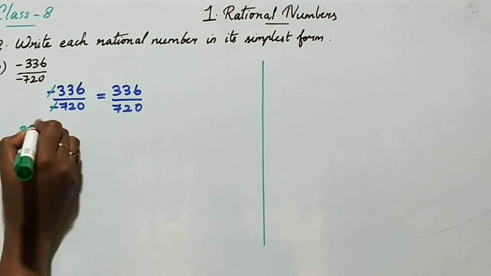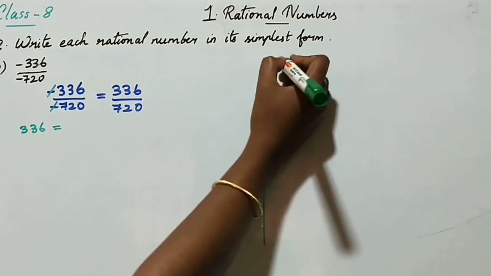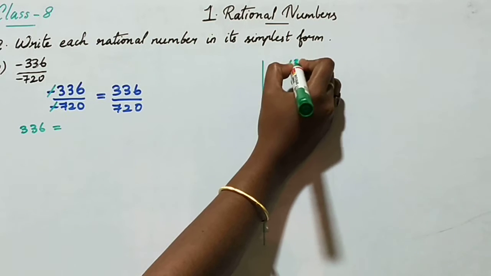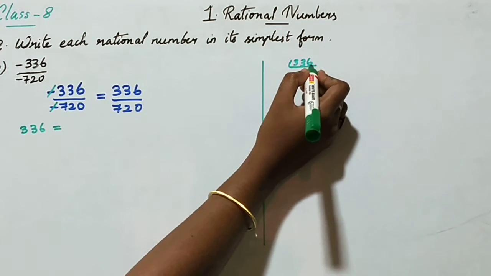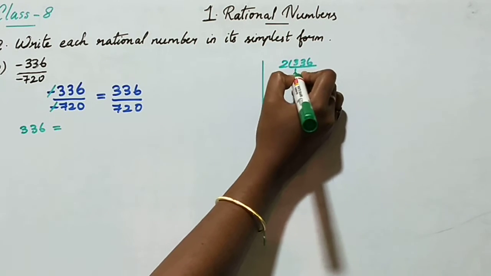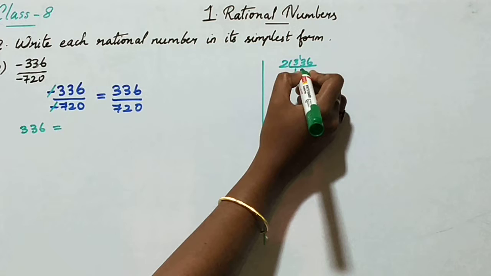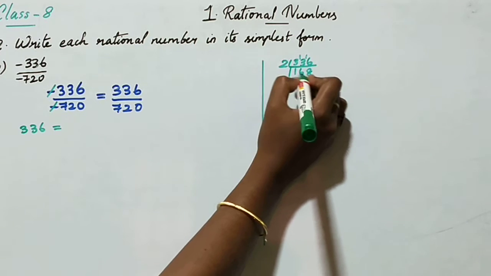So 336. The prime factors. Okay. I need to find the prime factors. So 336. Okay. So here I can start with the second table because the ones place is an even number. So 1 2 is 2. Balance 1. Again in second table, right? So 6 2s are 12. Balance 1. So 8 2s are 16. Again in second table. Okay.